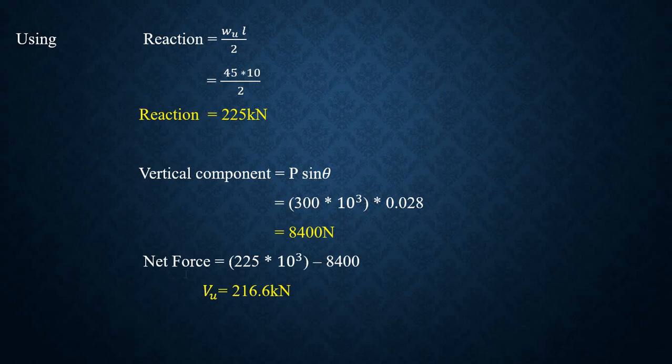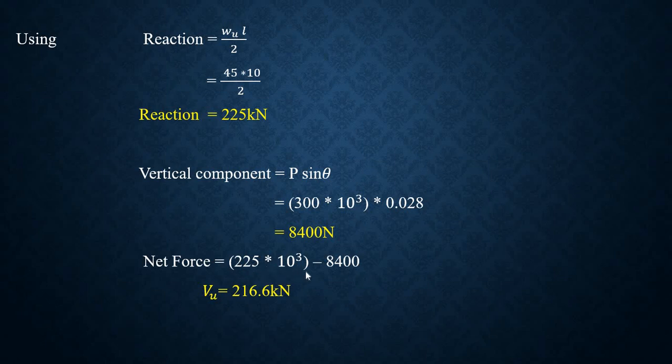The next thing is we should calculate how much the shear is. To calculate the shear, we should consider the support reaction as well as the vertical component. This reaction is acting upwards, so it is positive: plus 225 into 10 power 3, converting kilonewton to Newton.